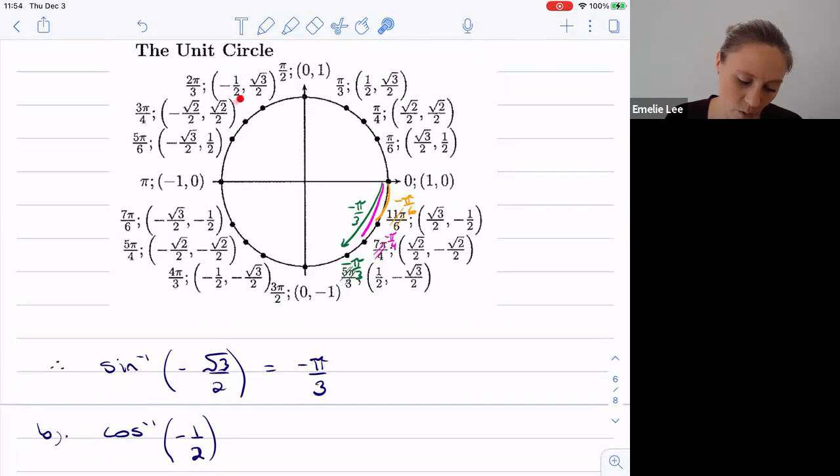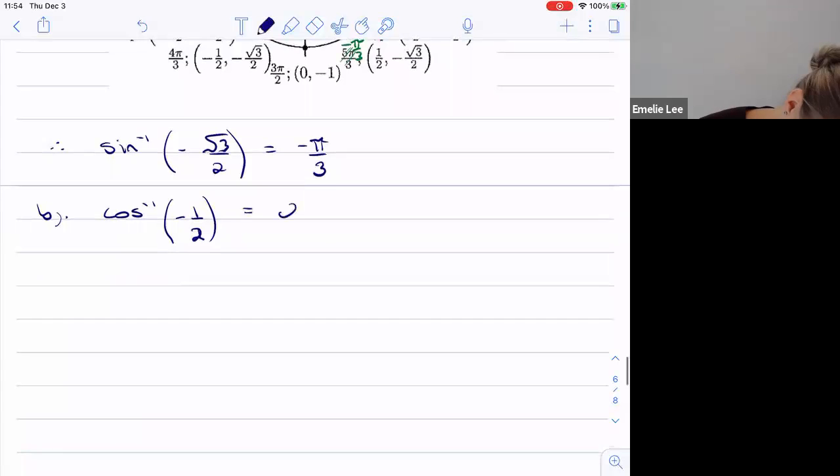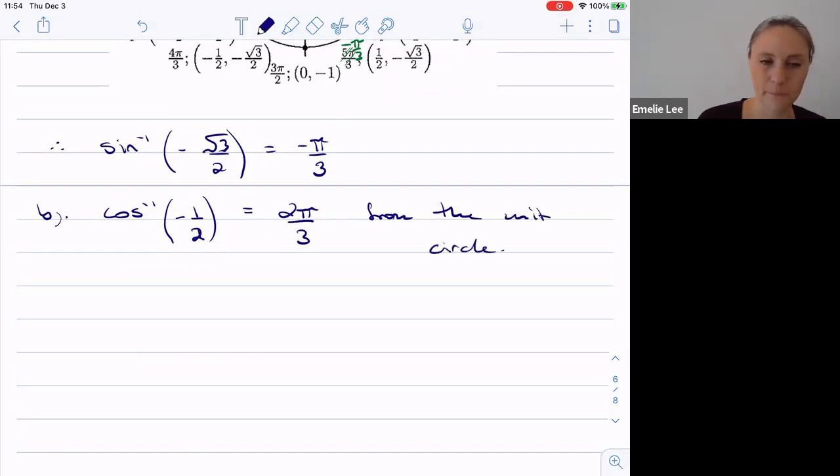That only happens once in the restricted domain. It happens twice on the circle, but once in the restricted domain. So we're stuck here at 2π/3, right? So that's going to be 2π/3 from the unit circle.